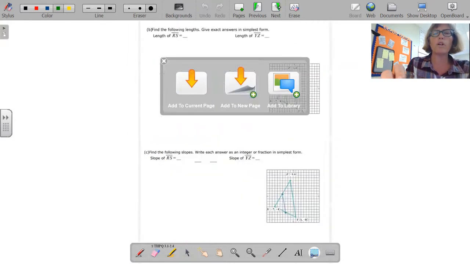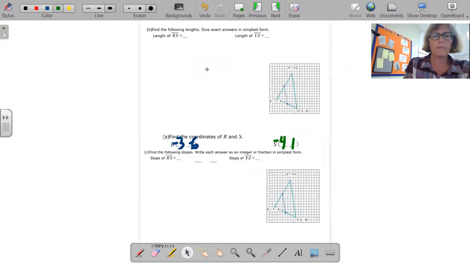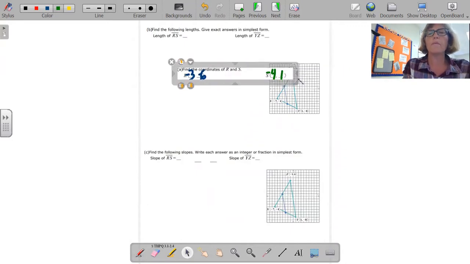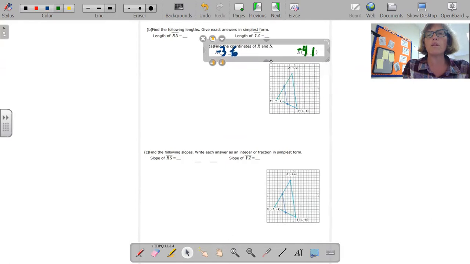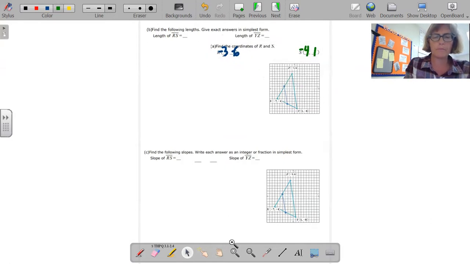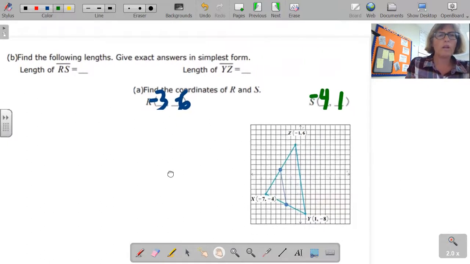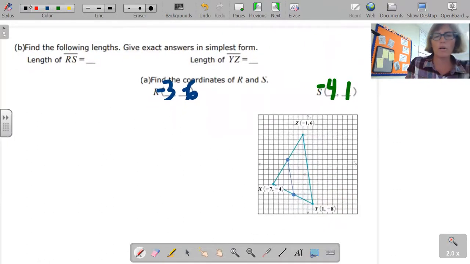We're going to come over here. We're going to do something with these midpoints. So we have here R is at (-3, -6), and S is at (-4, +1).